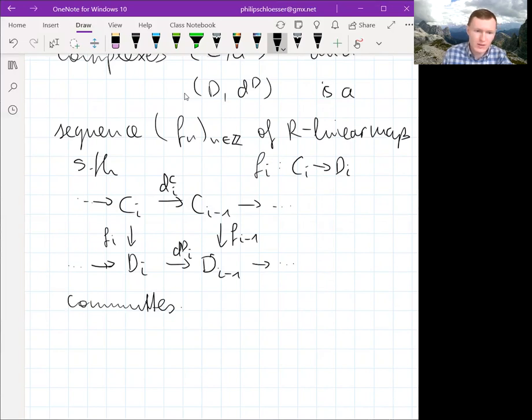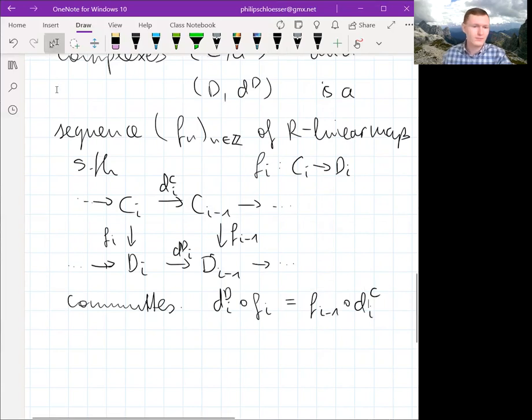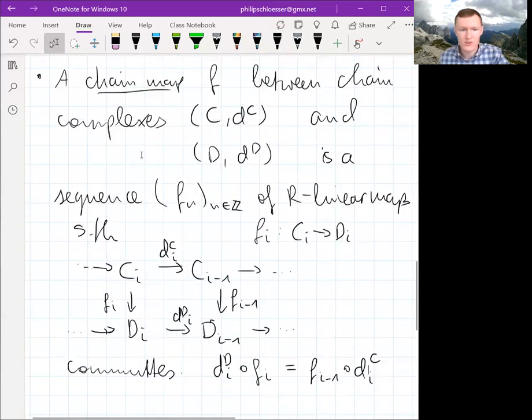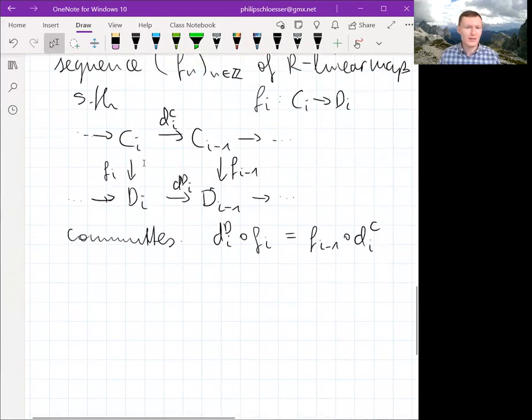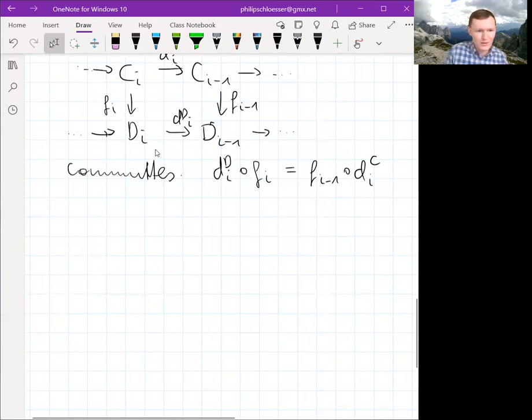In other words, we have d^D_i after f_i is the same as f_(i-1) after d^C_i. So yeah, it's a structure preserving map. It's a map such that these boundary operators play nicely with them.